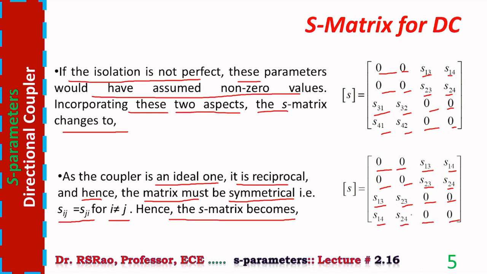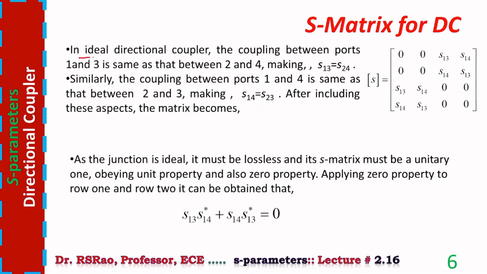When we started the process of derivation, the number of unknowns was 4 into 4, 16. After a few steps, right now, you can find the number of unknowns as 4. Next, in an ideal directional coupler, the coupling between ports 1 and 3 is the same as that between 2 and 4, making S13 equal to S24.